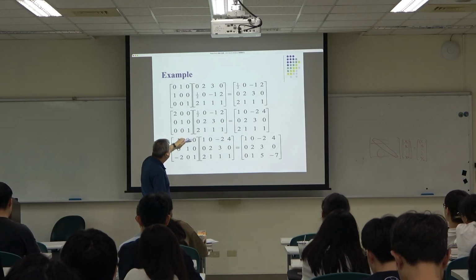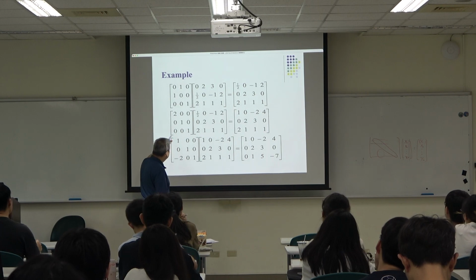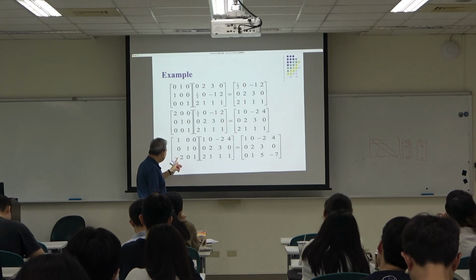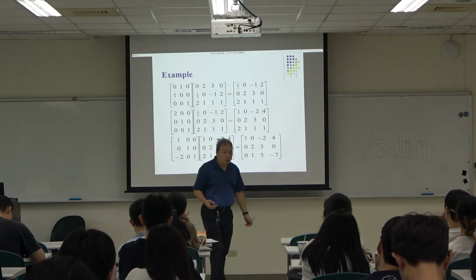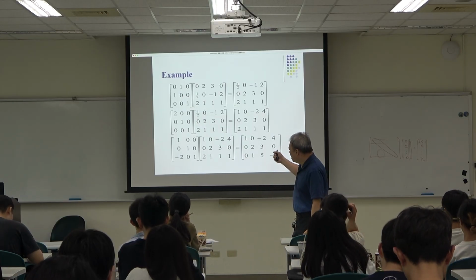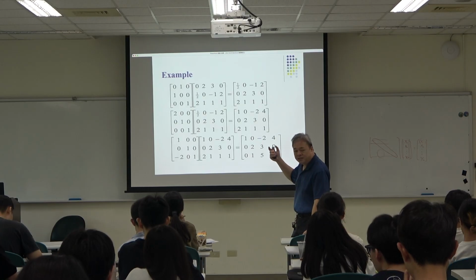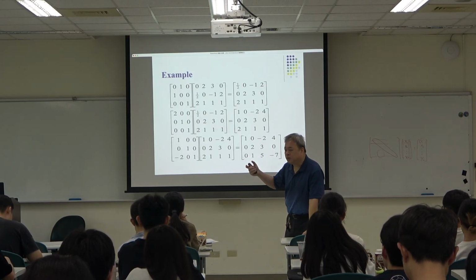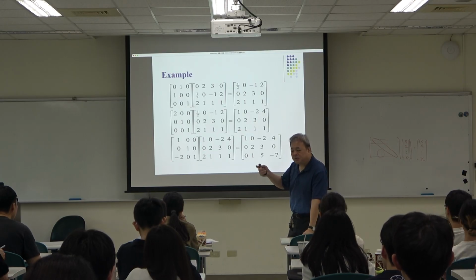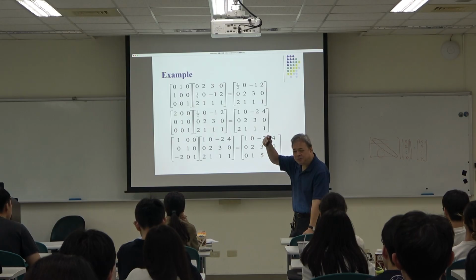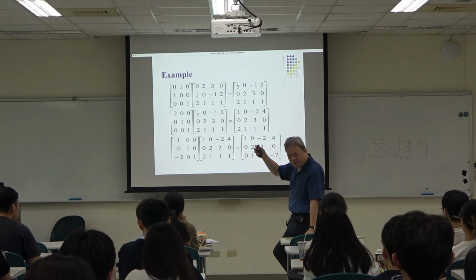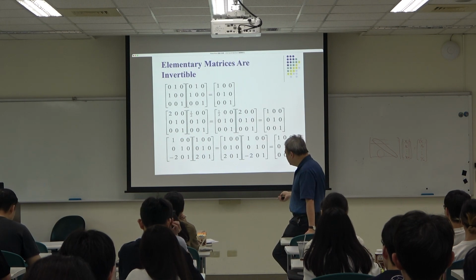You multiply the first row by 2 and add to the last row. So it's almost the same, except this negative 2 becomes positive 2. So not only are these two types of elementary matrices lower triangular, their inverses are also lower triangular.